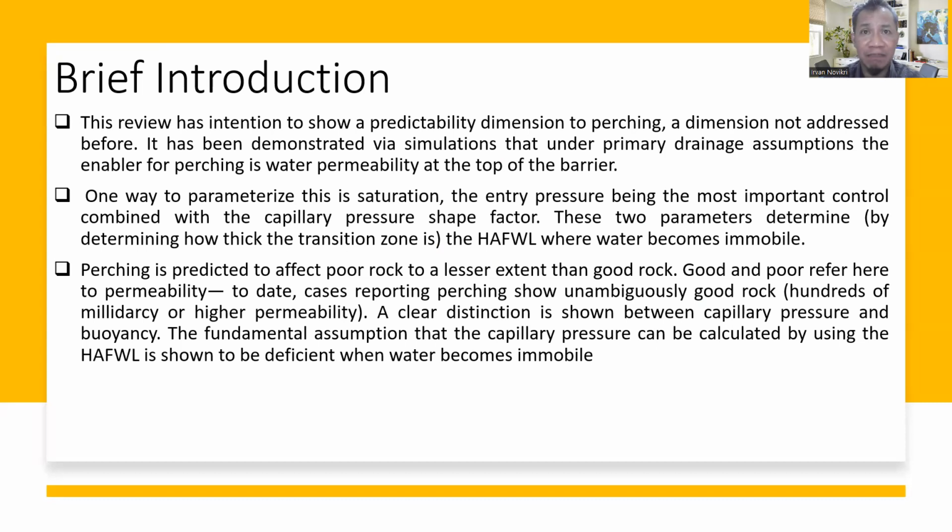The saturation and entry pressure, along with the capillary pressure shape factors, are important parameters that determine the thickness of the transition zone and the height above free water level where the water becomes immobile. Additionally, the referenced published study reveals that perching affects rock with lower permeability to a lesser extent compared to rock with higher permeability, highlighting the distinction between capillary pressure and buoyancy.